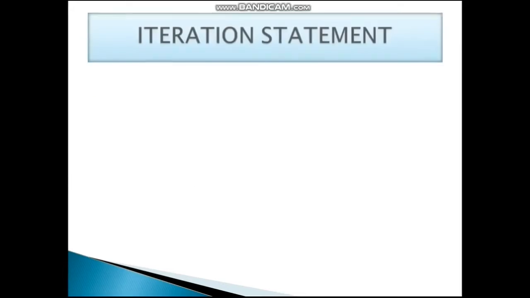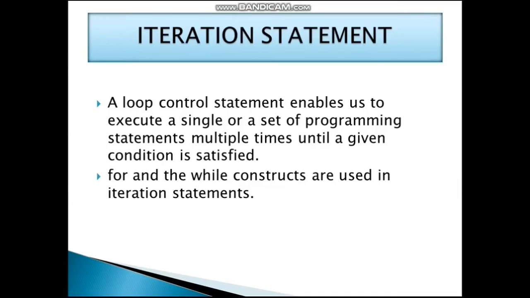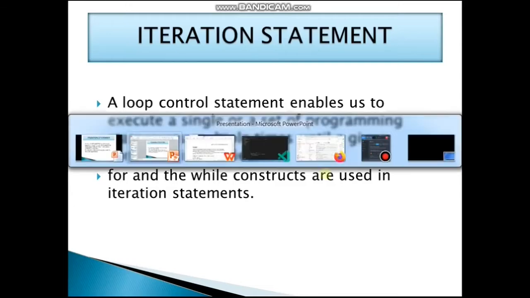On the other hand, the iteration statement is something which enables us to execute a single or set of programming statements multiple times until the given condition is satisfied. Here, the for and while loops are the constructs for the iteration statement. Now let's go back to our code editor and learn about selection and iteration statement.